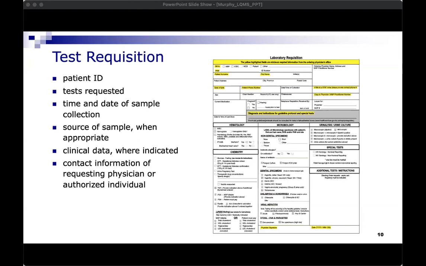Then the source of the sample when appropriate. This is especially important for pathology specimens: where was it collected from? Clinical data, if that's relevant or needed for your lab. And then the contact information of the requesting physician or authorized individual. This can be really helpful, especially when we talk about rejecting samples, or if anything is unclear or needs to be discussed. It's really good to have a contact point that you can discuss those things with.